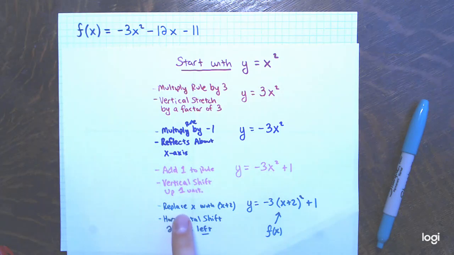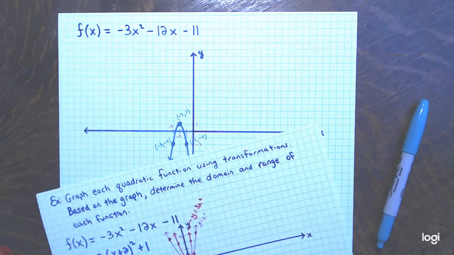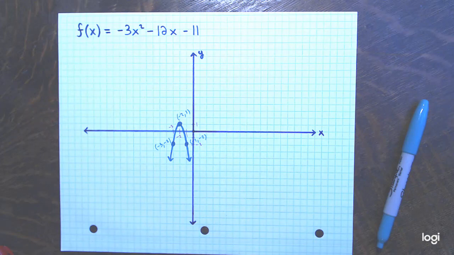And remember, when I replace just the x's with something, that causes some sort of horizontal transformation. All right, so really the point of this video is to get you used to the transformations again, and how could I use them to graph a parabola.